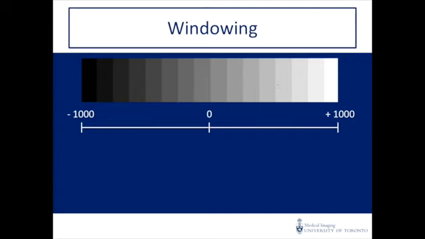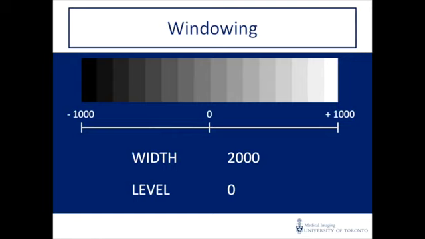So there are two numbers that define any window. These two numbers are often displayed at the bottom of a CT image: the window width and the window level, usually displayed as a W for window width and an L for window level in the bottom corner of the screen.